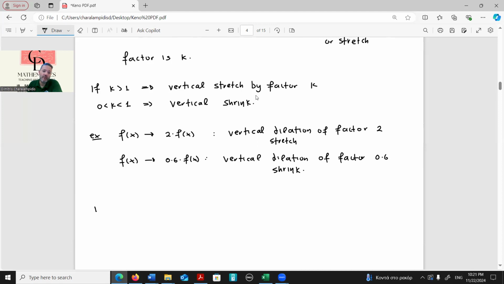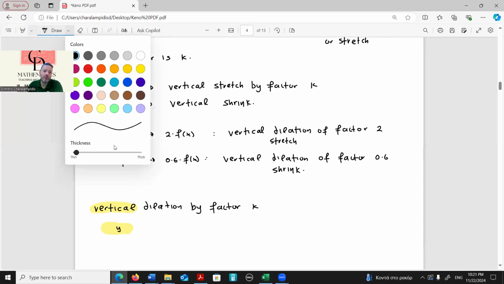For instance, vertical dilation by factor k. Let's try to translate that. First of all, the word vertical has to do with the y coordinate.